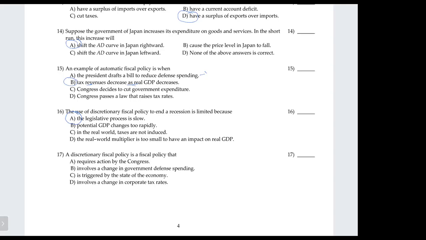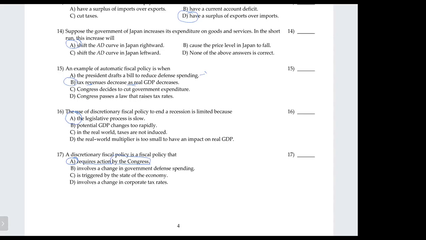Okay, so 17, a discretionary fiscal policy is a fiscal policy that, right, so the answer is A, requires action. So here it says by the Congress. Essentially it means it requires action by the policymaker.